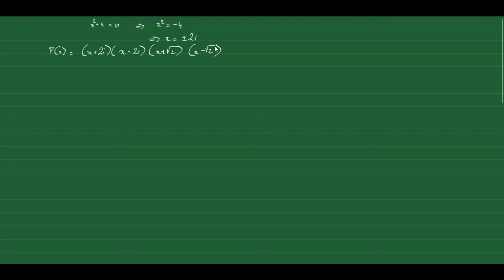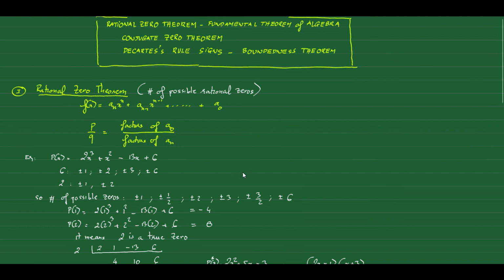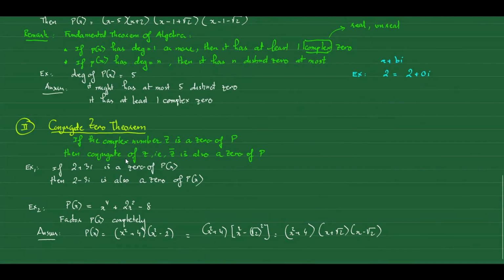Okay. And now how many zeros? 1, 2, 3, 4, right? At most 4 distinct zeros. It didn't say 4 distinct rational zeros. It did not say 4 distinct complex, real or unreal.